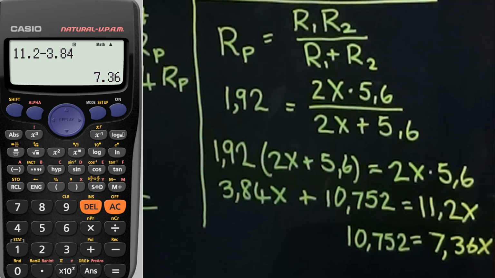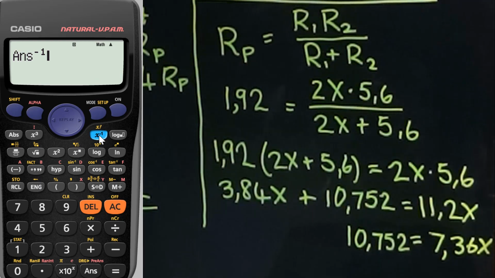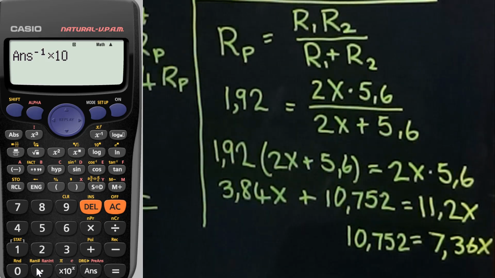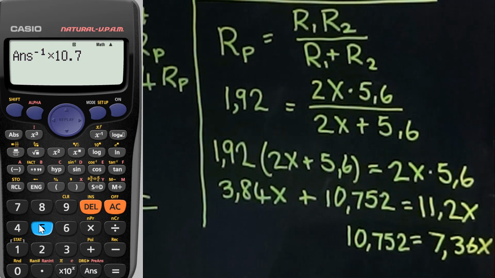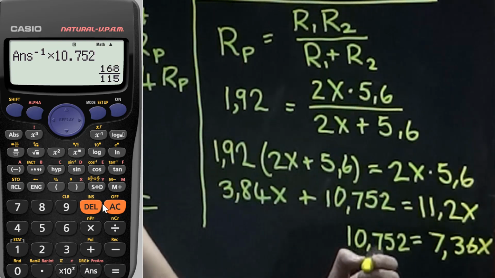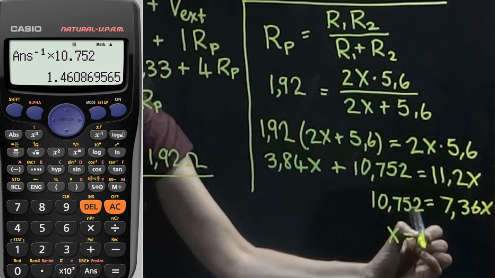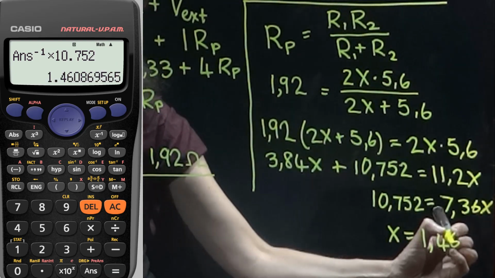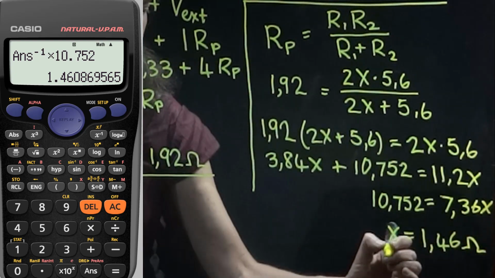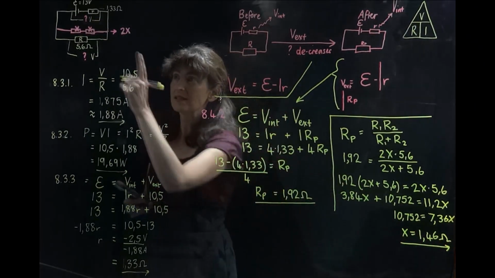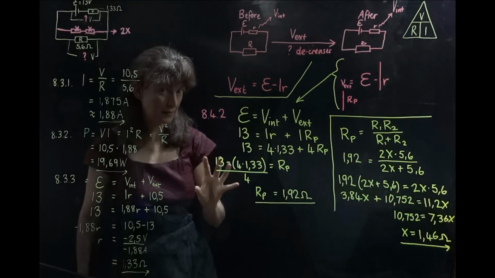I have that on my calculator, so I simply press invert and then multiply by 10.752, and that gives me x as 1,46. It's a resistance, it's ohms, that is the value here. You should go and check this.